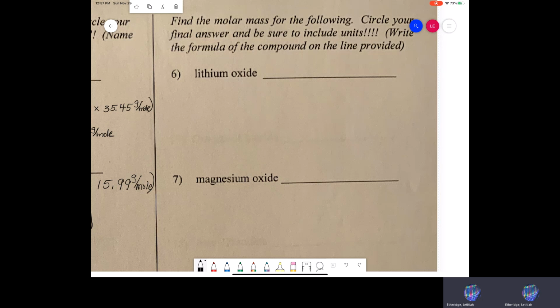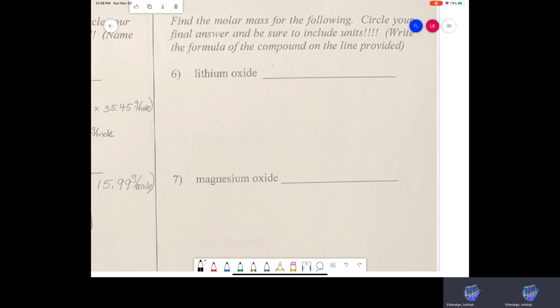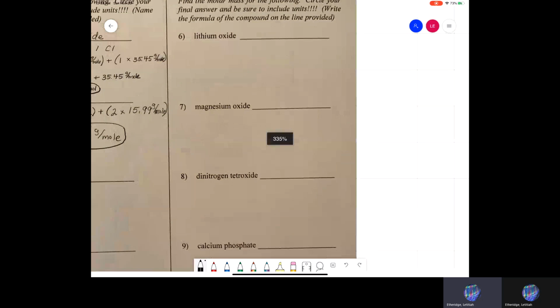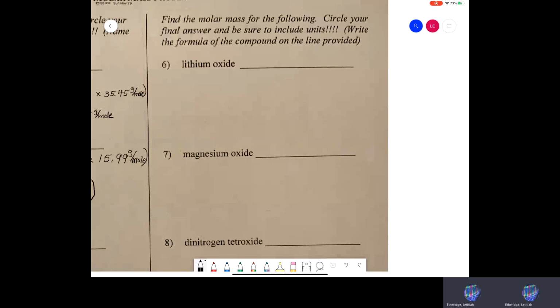Find the molar mass for the following, circle your final answer, be sure to include units, and then write the formula of the compound on the line provided. All right, so if you look at lithium oxide, you have lithium, which is Li, and then you have oxygen.